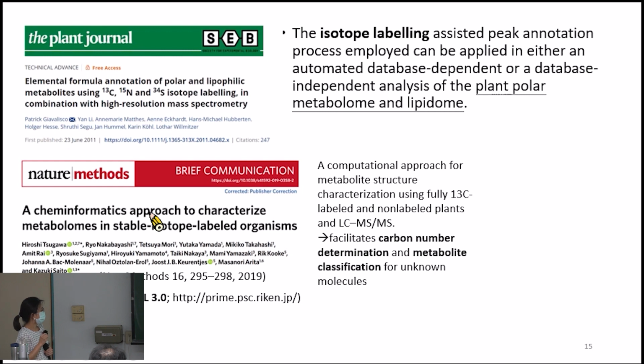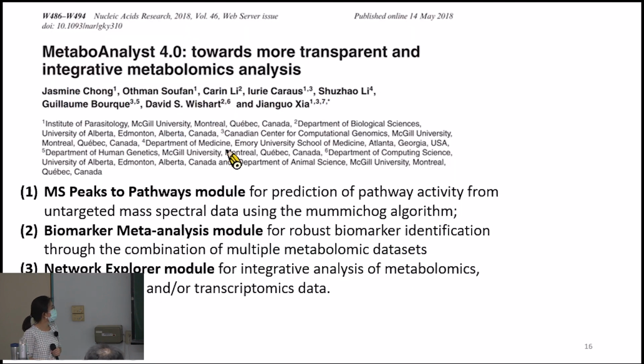What they did is implement their data set in this platform, apply the labeling, and start the analysis. They believe their platform can facilitate carbon number determination and metabolite classification. So, besides what we talked about, there are multiple new approaches for compound identification. Isotope labeling is another approach that can help us identify new compounds or new metabolites.